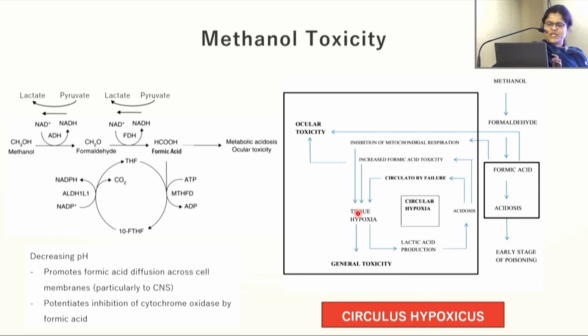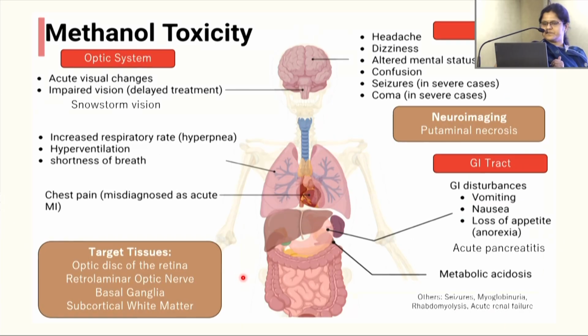This tissue hypoxia results in lactic acid production and increased formic acid toxicity, which again results in toxic tissue hypoxia and again lactic acid production. This causes circulatory failure, which again worsens the tissue hypoxia, and this is the vicious cycle, the circulus hypoxicus.